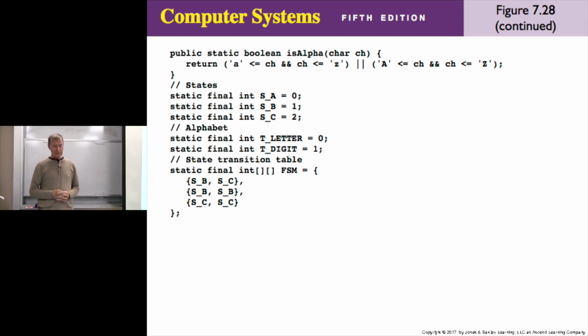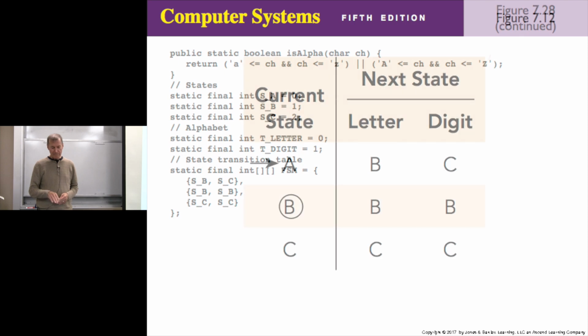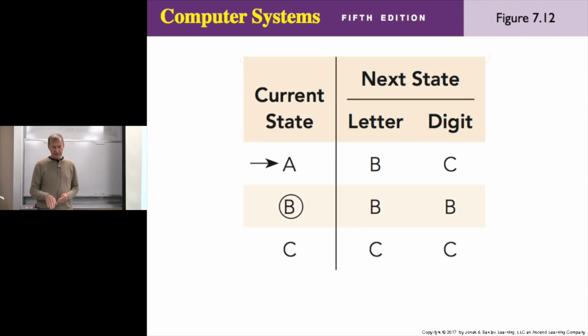And remember what we said? We have 3 rows and 2 columns. And what's in the table is BC, BB, CC. And that corresponds directly to this state transition table in figure 7.12. BC, BB, CC, right? So everybody see how that corresponds directly?